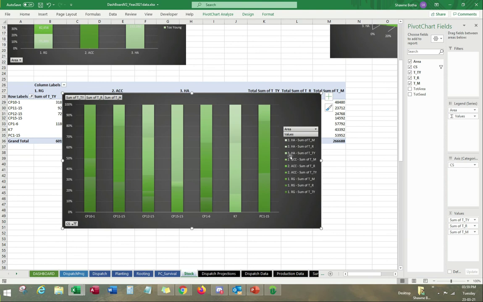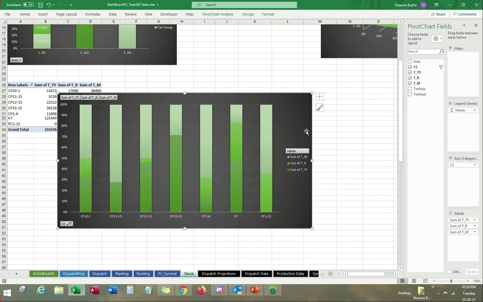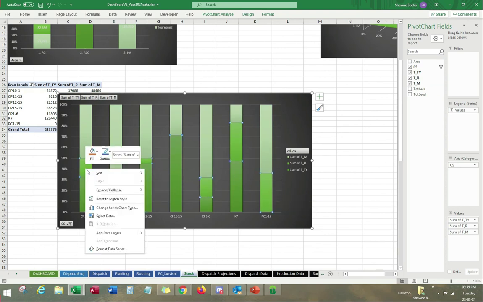I've messed this up a little bit, but you get my idea. You could actually have this: how many are too young, ready, what's the name in each area. Unfortunately, we'd have to take out the area. So again, I'm not so sure this would actually make any sense.